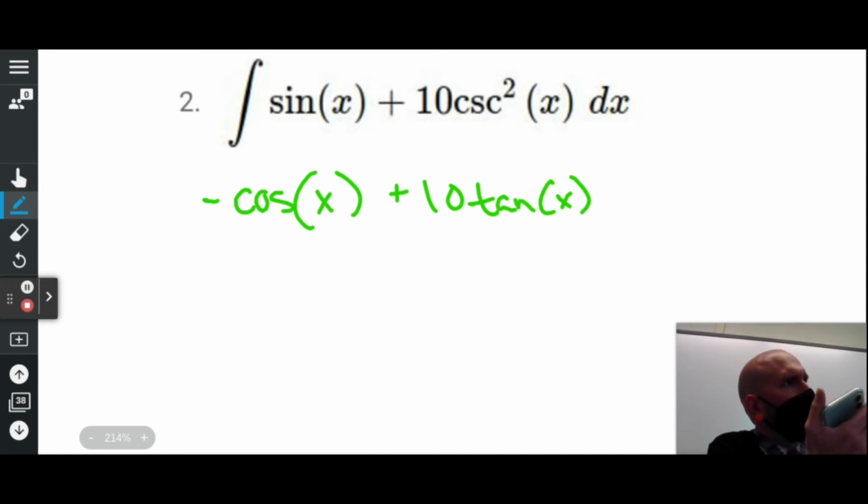Integral of cosecant x squared. That would actually be cotangent. No. Secant squared x is tangent. The integral of cosecant squared then would be cotangent? I feel like that's too easy.